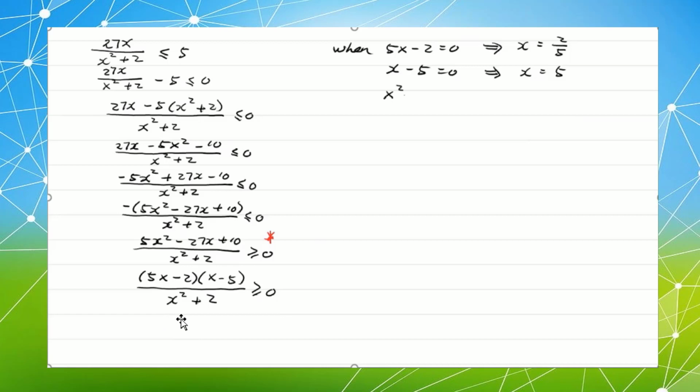When the factor x power 2 plus 2 equals 0, we found that x power 2 is negative 2. So this means that we don't have any solution for the value of x, because we know that x power 2 should be greater than 0. It shouldn't be equal to negative 2. So we have no solution here.